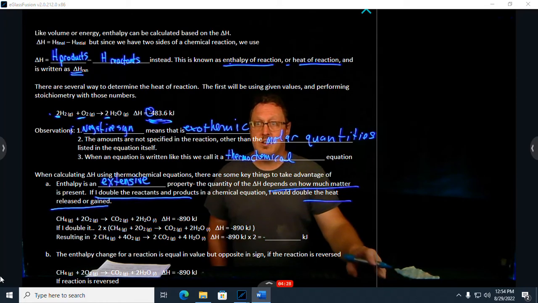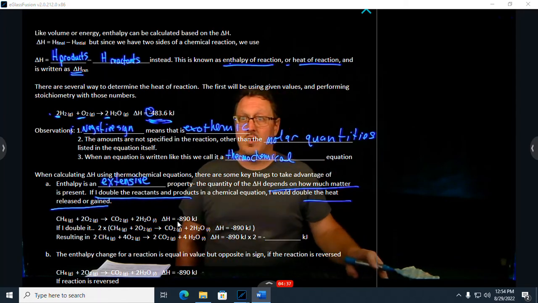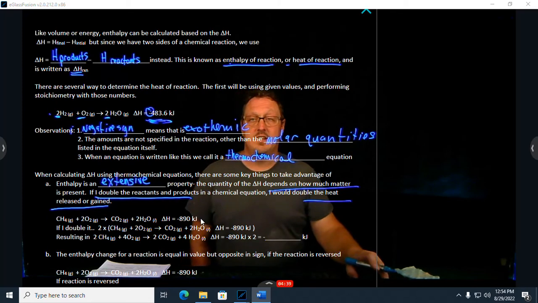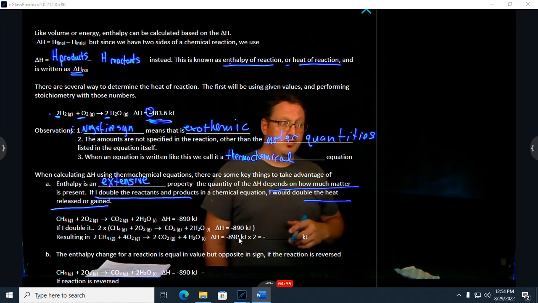So down here, here's CH4. So this is methane gas plus oxygen makes CO2 and water, and I'm releasing 890 kilojoules of energy when I do 1 mole of methane to do that. Now, if I double this reaction, where I would multiply everybody by 2, I'd have 2CH4, 4O2, 2CO2, and 4H2O, but my energy also goes up by 2 as well.